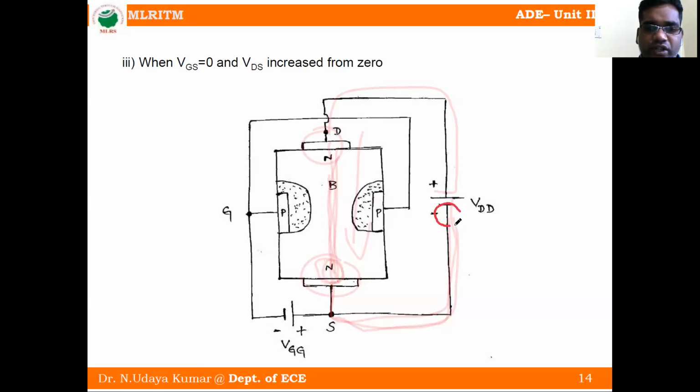Negative and negative repel, so the electron movement is towards the drain. If electron movement is towards the drain, current conduction is from drain to source. That current we call the drain current, ID. The current ID flows from drain to source.